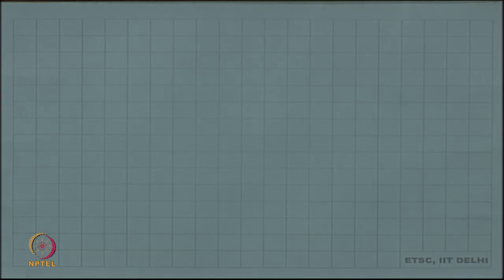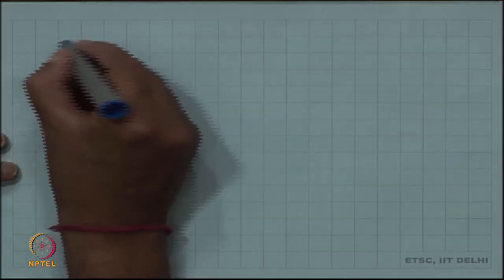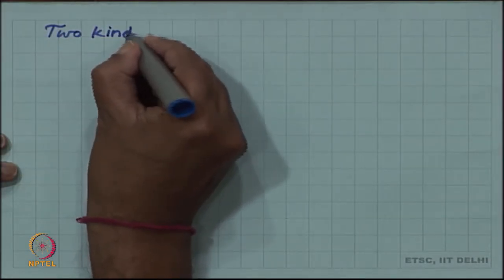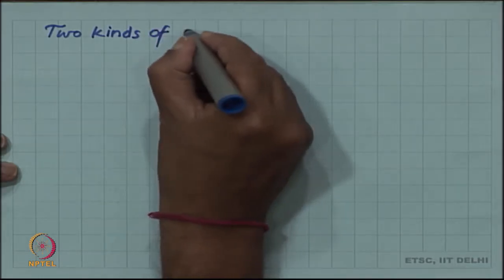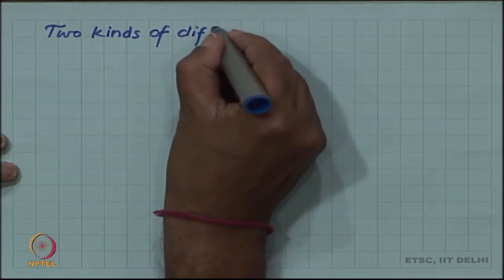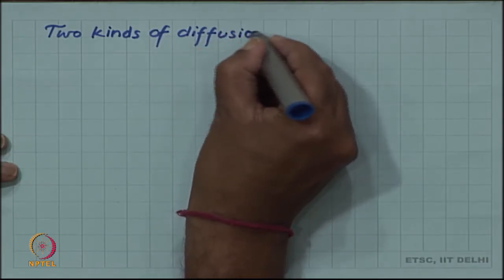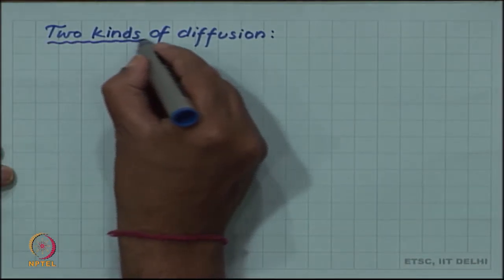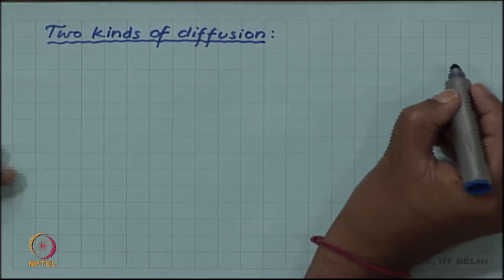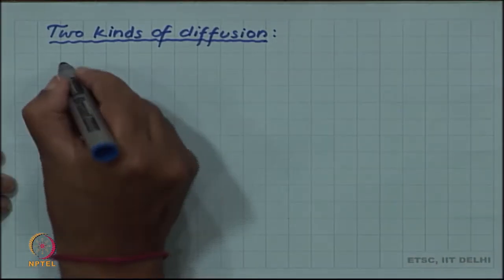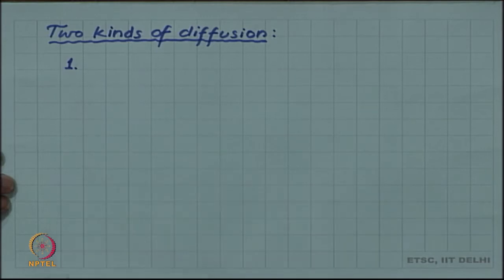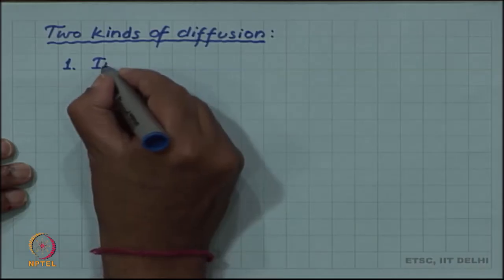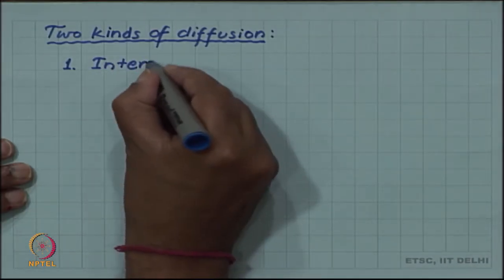Two kinds of atomic mechanisms are distinguished. So, let us call it two kinds of diffusion, which is based on the two kinds of solid solutions which we have discussed. Recall that we discussed interstitial solid solution and substitutional solid solution. So, if a solute atom diffuses in an interstitial solid solution, we will call it interstitial diffusion.